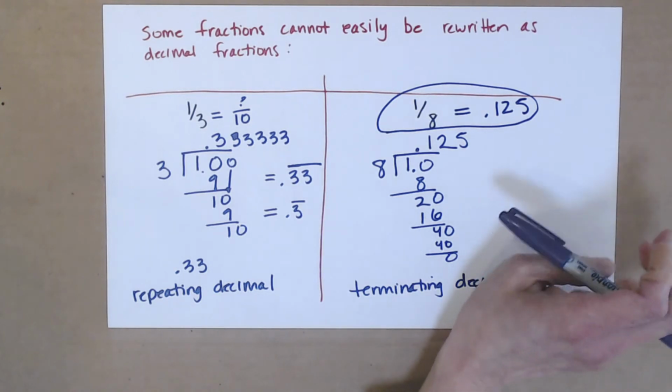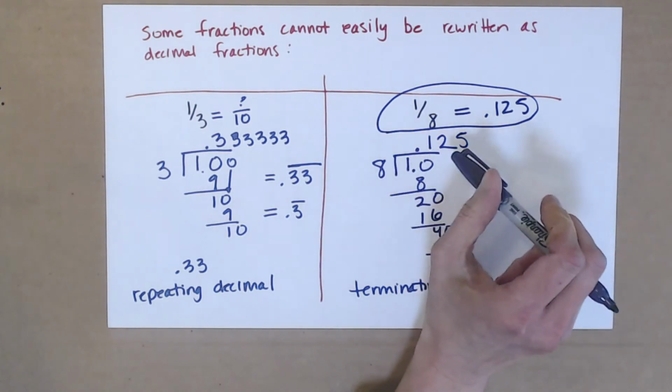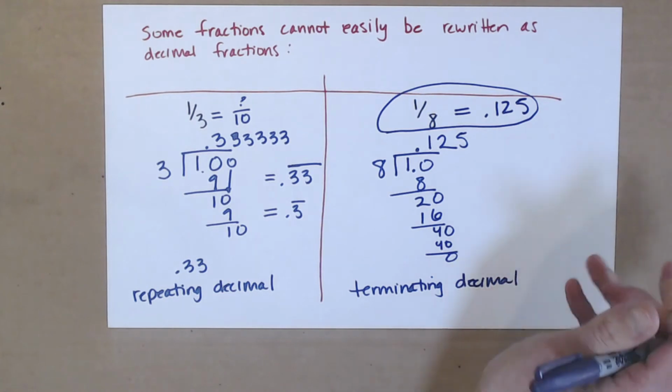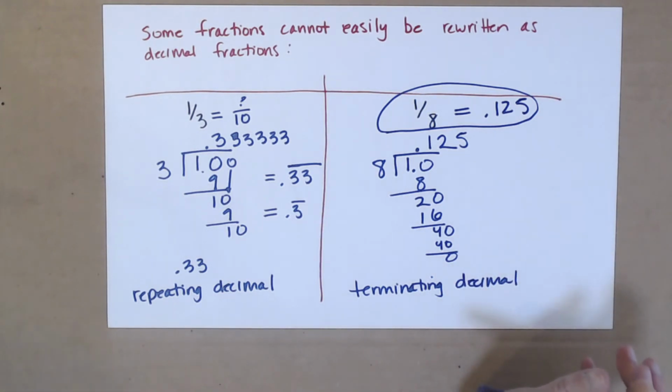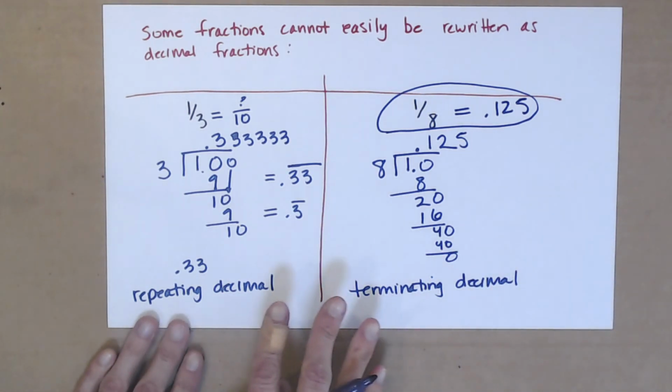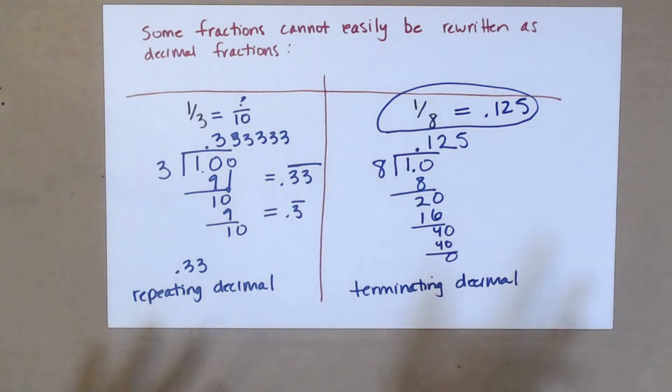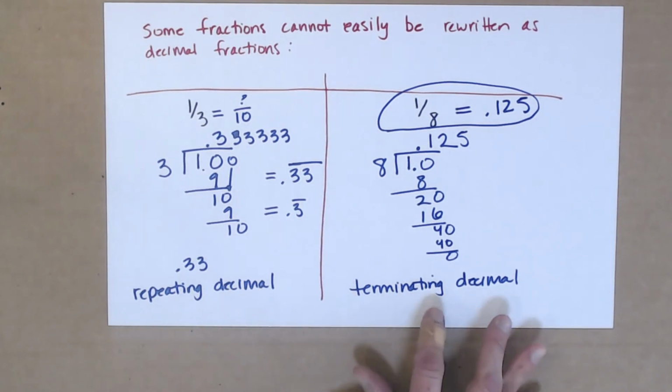So on your sprint, I don't want you to be dividing 1 by 8. I want you to memorize that it's 0.125. Okay, and so we have this 1/3 and 1/8. We couldn't easily rewrite them as decimal fractions, so we used long division, and one of them turned out to be repeating, one turned out to be terminating.